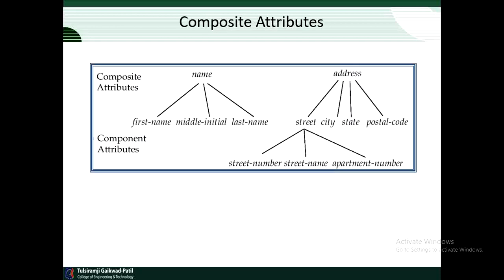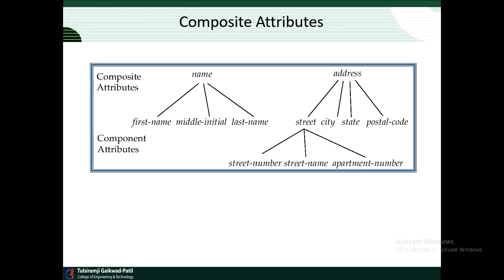So we are talking about composite attributes now. Composite attributes are like name, and they are defining other attributes. Like name is divided into 3 parts, that is first name, middle name or middle initial, and last name.